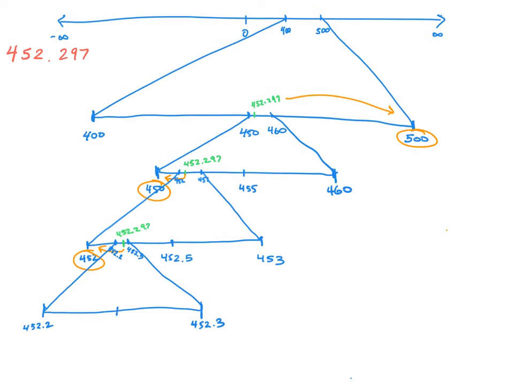Halfway between 452 and 2/10 and 452 and 3/10 is 452 and 25 hundredths. And if you can't see that, we can always put a 0 in the hundredths place right here and right here. And then you can see between 20 hundredths and 30 hundredths is going to be 25 hundredths.